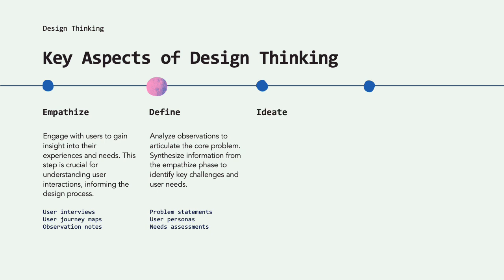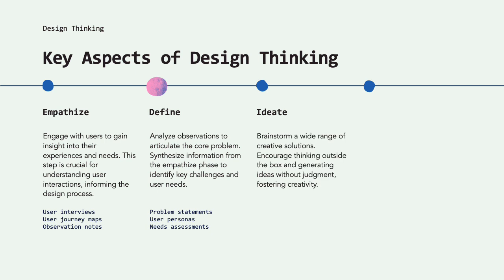The next key aspect is ideate. Brainstorm a wide range of creative solutions, encouraging thinking outside the box and generating ideas without judgment, fostering creativity. Create idea lists, brainstorming session notes, and concept sketches.